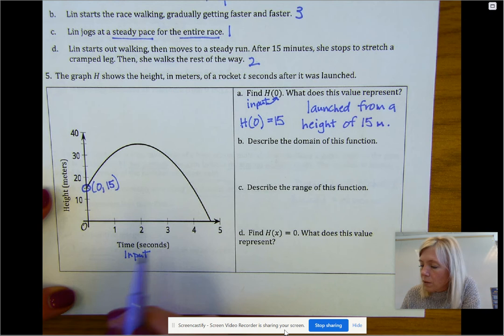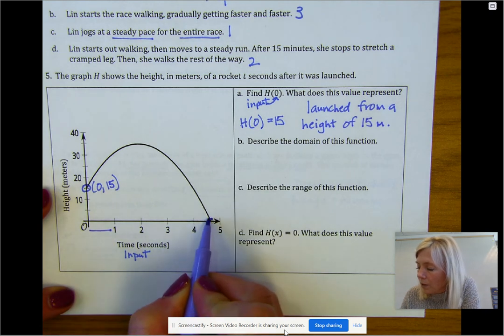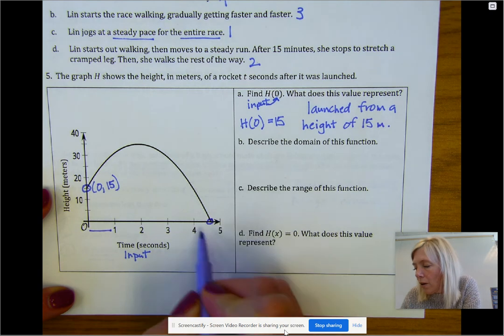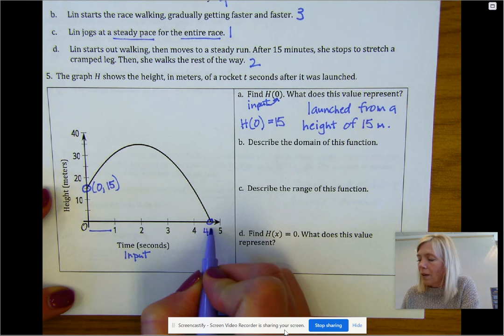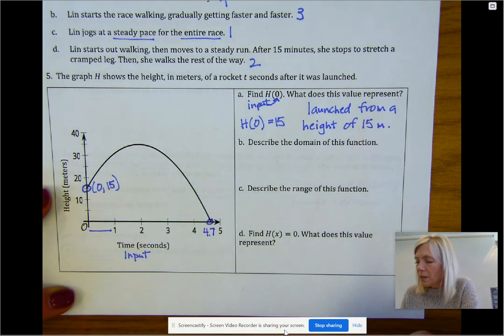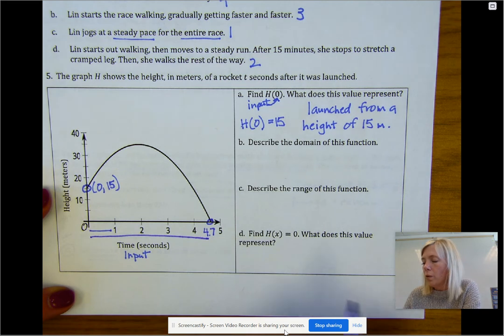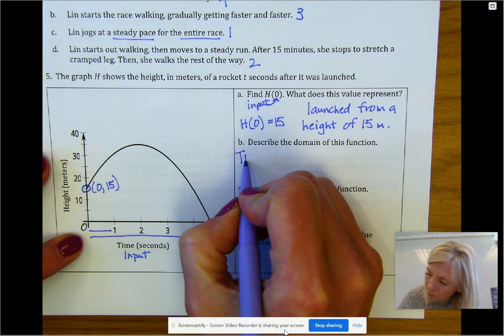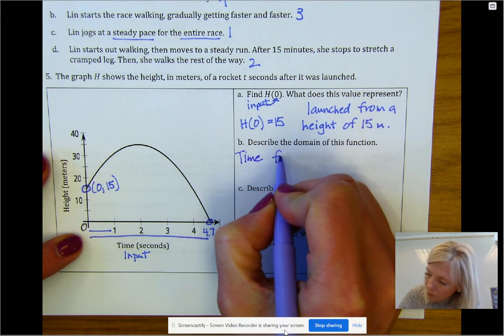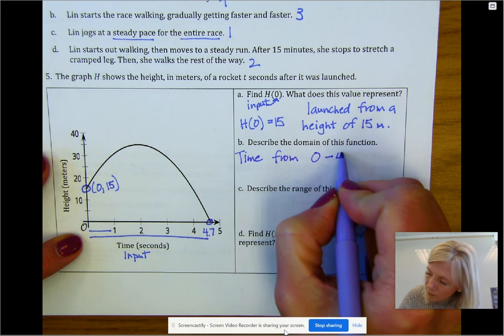And so time starts at 0 and ends down here at about, I'm going to call this 4.7. That's my best guess. Okay, so the domain is going to be that whole stretch. So time from 0 to 4.7 seconds.